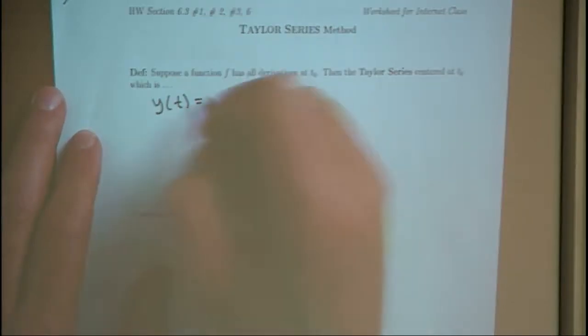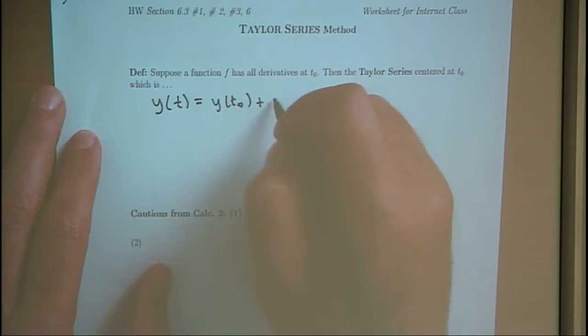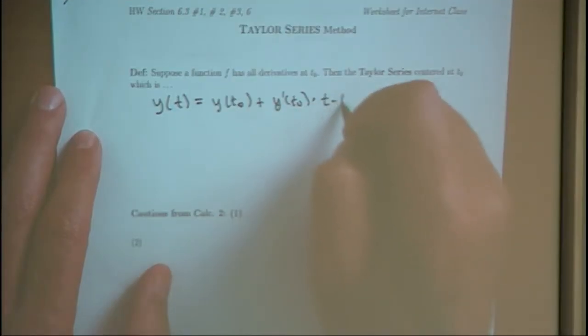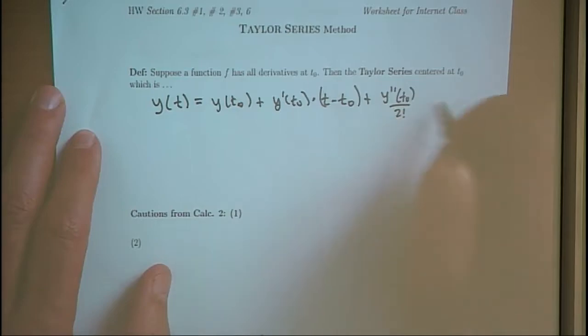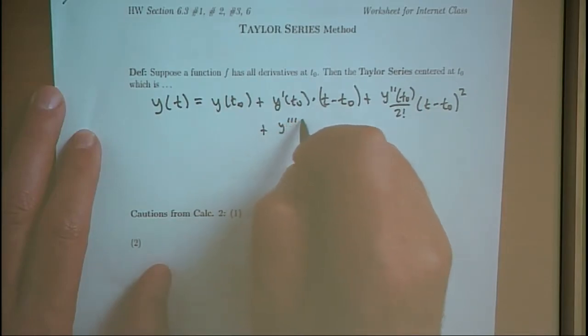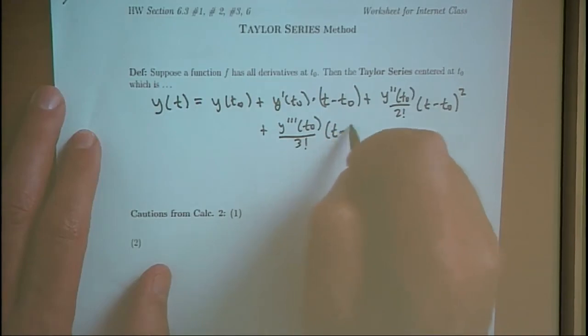It looks like the following: y of t is y of t0 plus y prime at t0 times t minus t0 plus y double prime at t0 over 2 factorial times t minus t0 squared. And this keeps going, y triple prime at t0 divided by 3 factorial times t minus t0 cubed, and again this keeps going on forever.